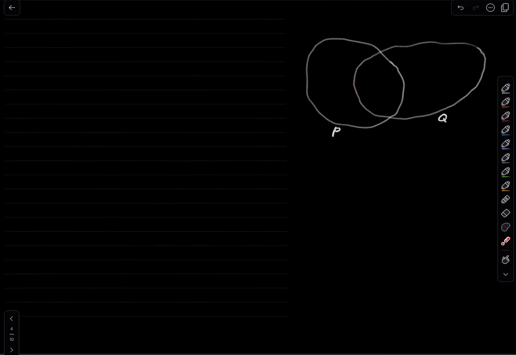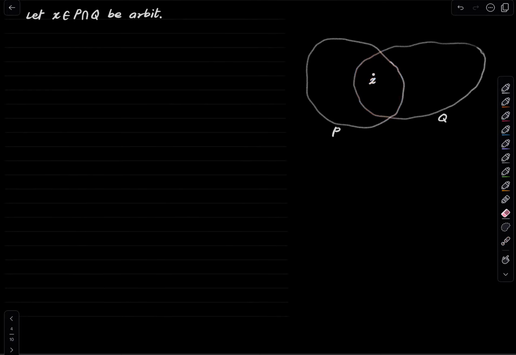To make that happen, we will choose an arbitrary point x in the intersection. We will show that there is some basis element which contains x and is contained here. Once we do that, then clearly we can express this intersection as the union of basis elements.